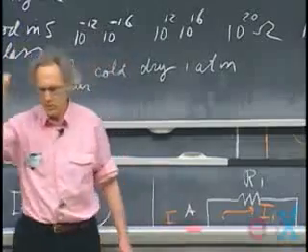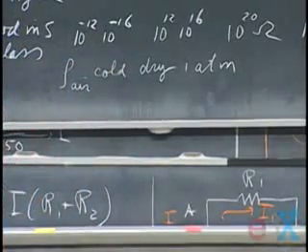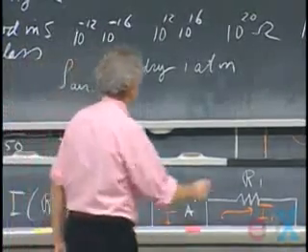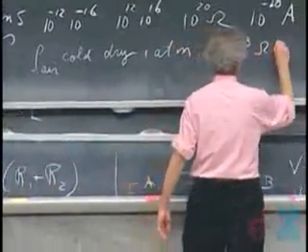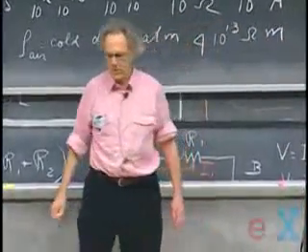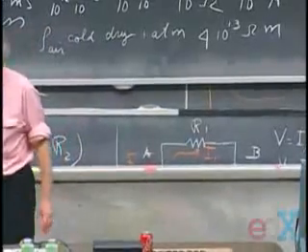Cold means temperature that we have outside. It's about 4 times 10 to the 13. That is the resistivity of air.